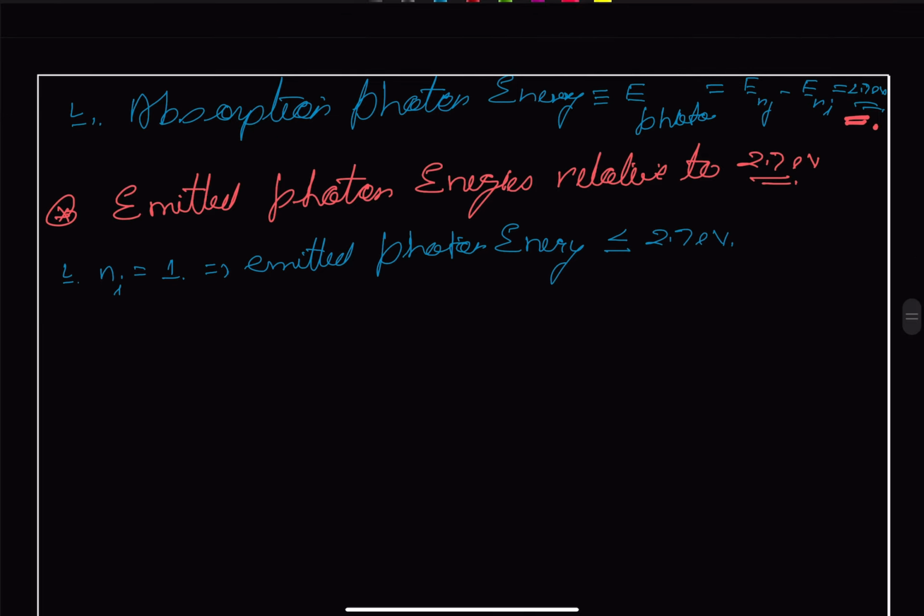Next, for initial level 2, the emitted photon energy will be either less than 2.7 or equal to 2.7.